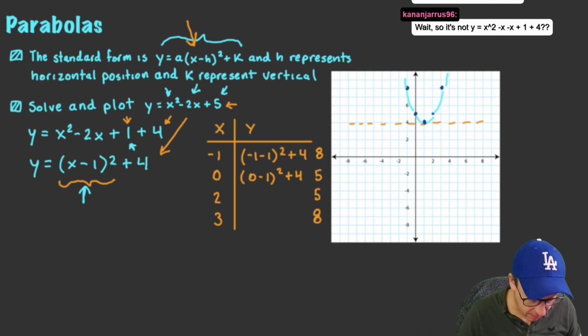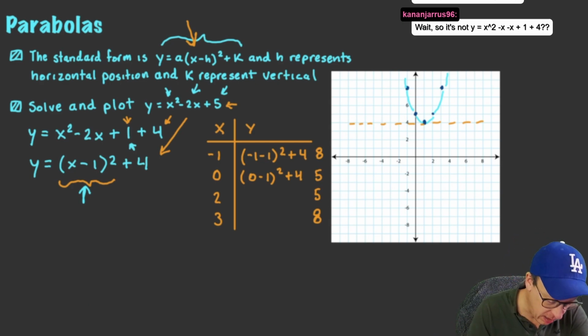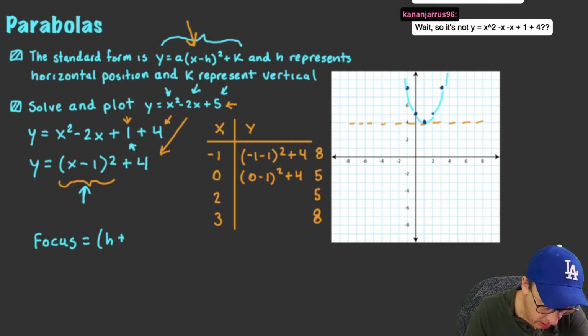And since we have the form that we were working with here, what we're going to be able to do is find that the focus is going to be at H and K plus 1 over 4A, like that.